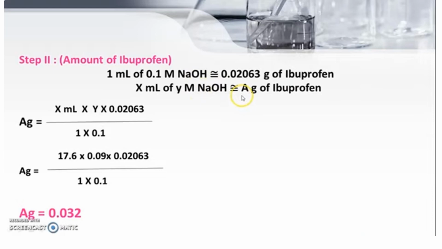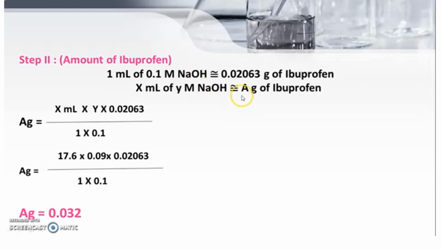Ag, the unknown gram of ibuprofen, is equivalent to 70.6, the burette reading, times 0.09. This 0.09 is the concentration of sodium hydroxide standardized previously in experiment 1. Since 0.1 molarity is the theoretical concentration, you have to find the exact concentration of sodium hydroxide from experiment 1.